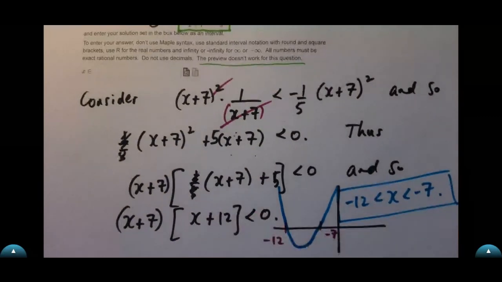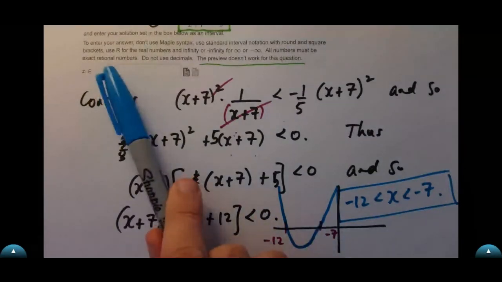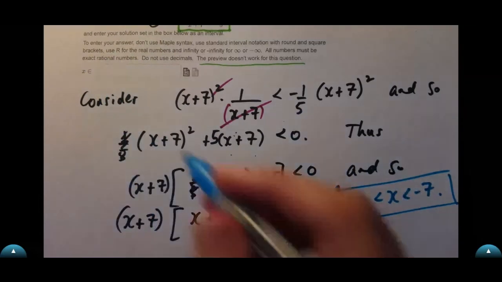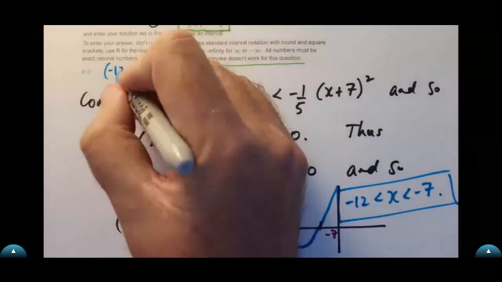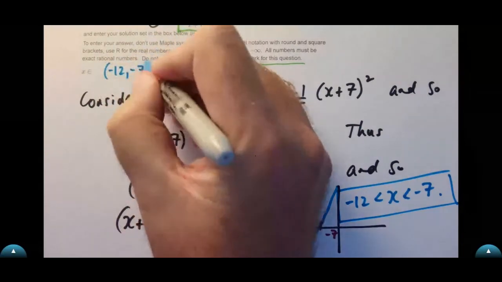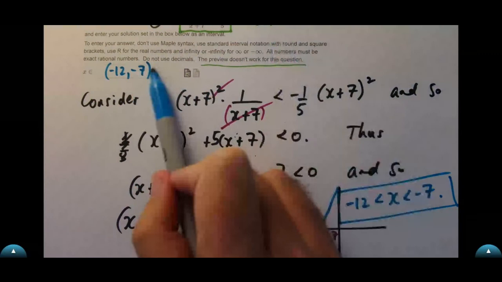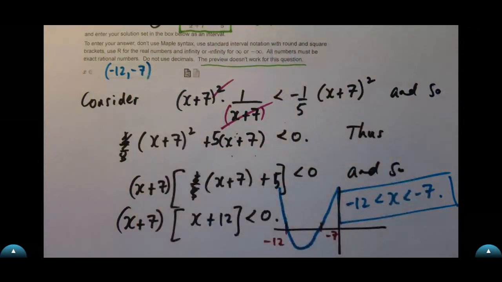Okay. So if you're putting this syntax in here, it would be something like -12, -7. Okay, that doesn't conflict with this because this is an open bracket, right?